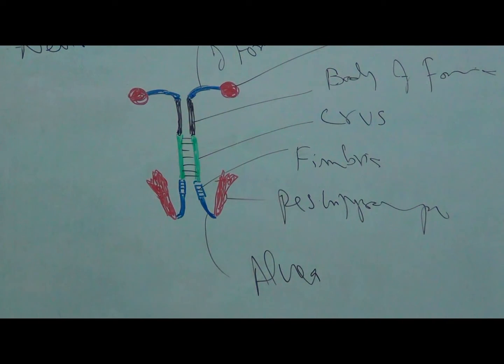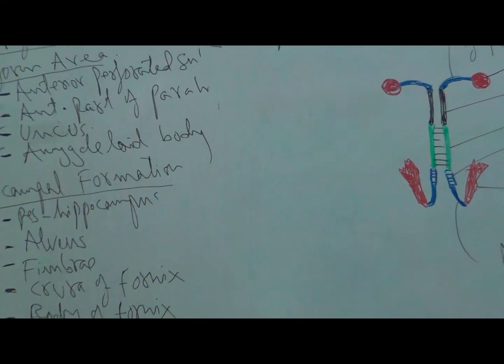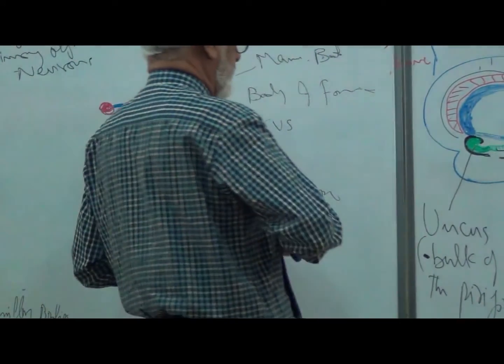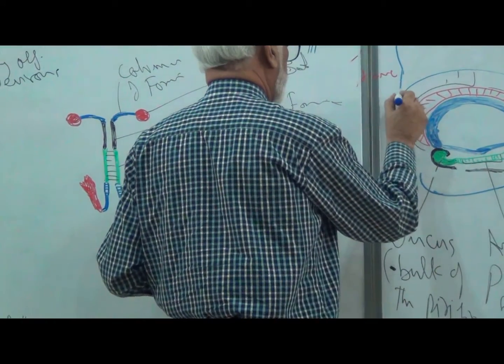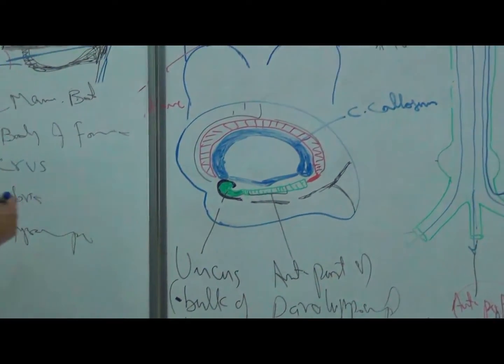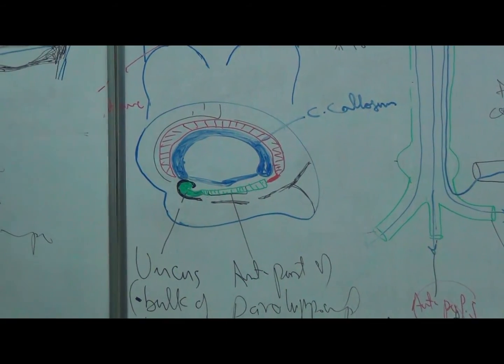And apart from these components, there are also some other gyri and fiber bundles. Then the paraterminal gyrus. Here on the medial surface of the cerebral hemisphere, there is a vertical gyrus known as the paraterminal gyrus.